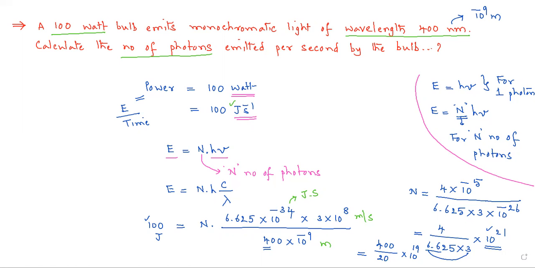So that comes out roughly as 20 into 10 power 19, nothing but 2 into 10 power 20. Just cut it simply. Otherwise, if you simplify 6.625 into 3, it will take too much time.